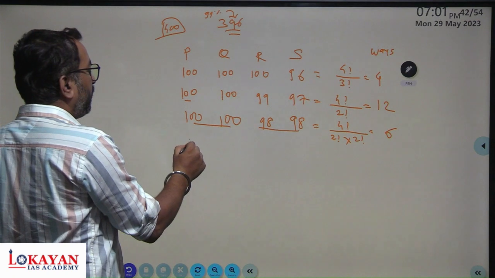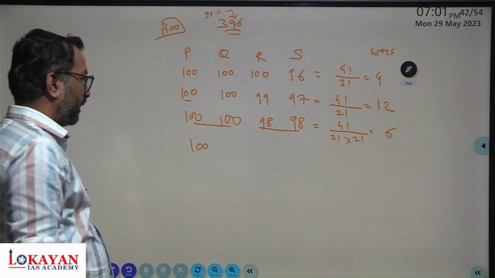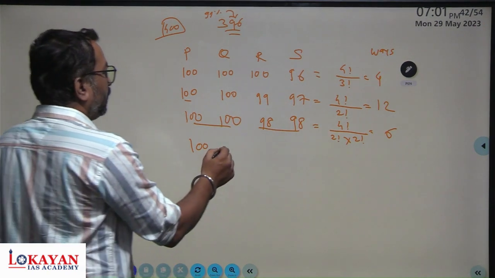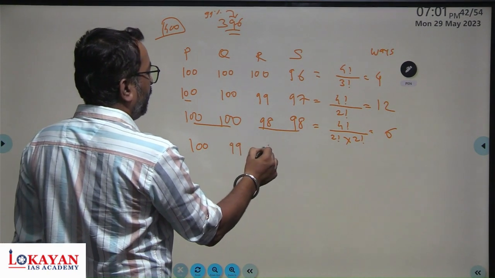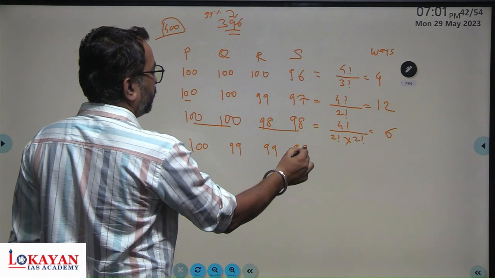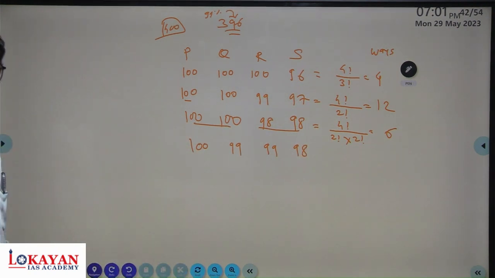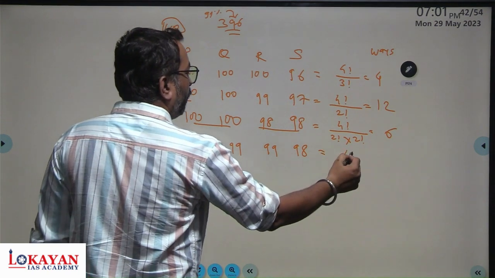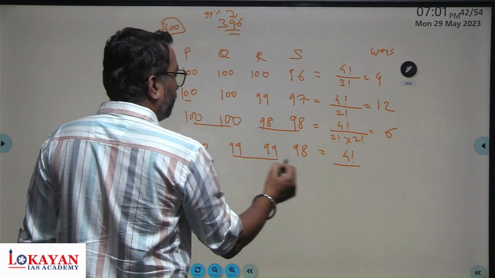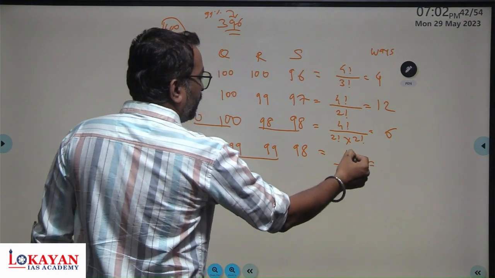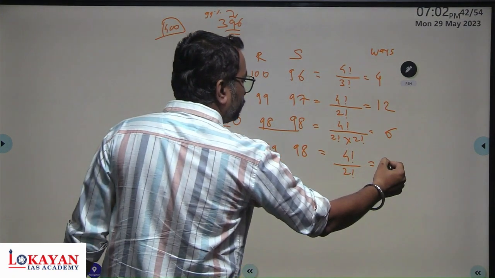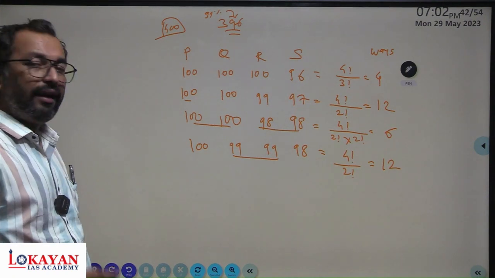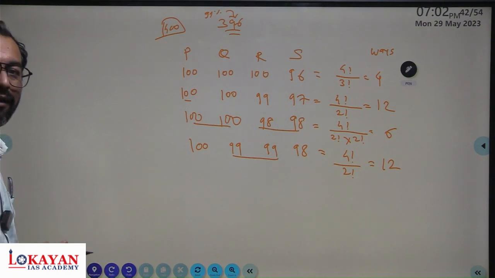Now only 1 paper will have 100 marks and the remaining papers will have 99, 99, 98 marks. We have to lose only 4 marks. So this can be done in how many ways? 4 factorial divided by 2 factorial, since it repeats. 24 divided by 2 is 12. Is there any other way to acquire 99% marks?